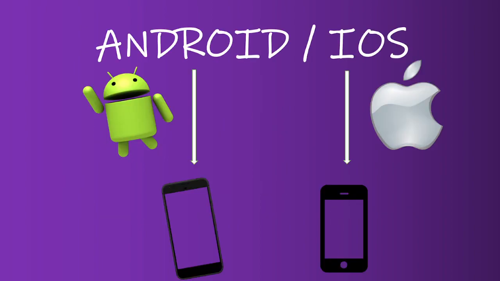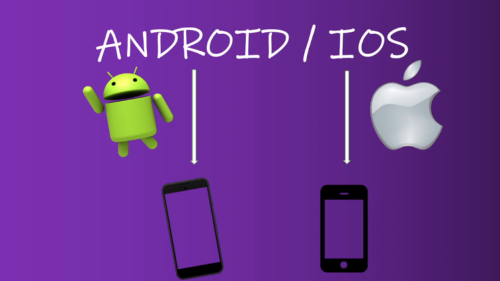The first step is choosing between Android or iOS. As we see, many people are using Android and some are using iOS as well. The apps seen in the Play Store will not be similar for Android phones and for iOS phones.